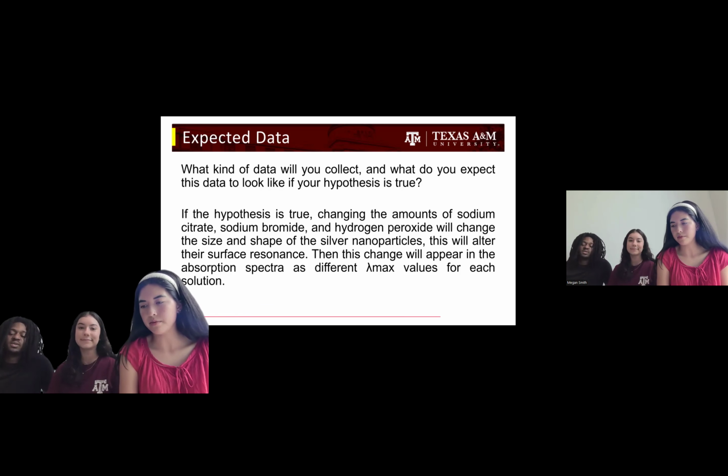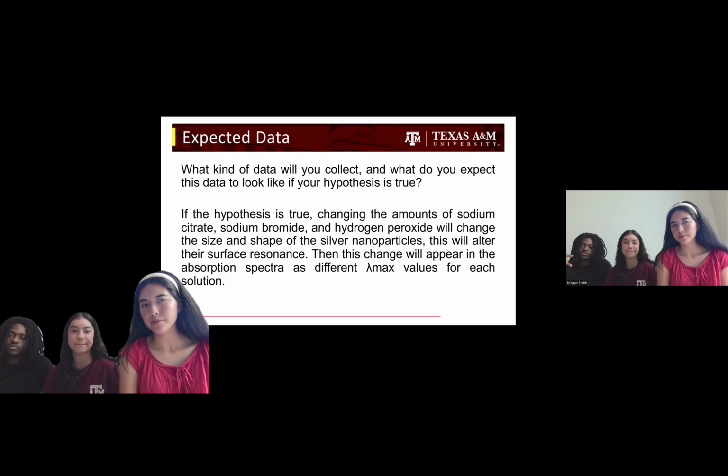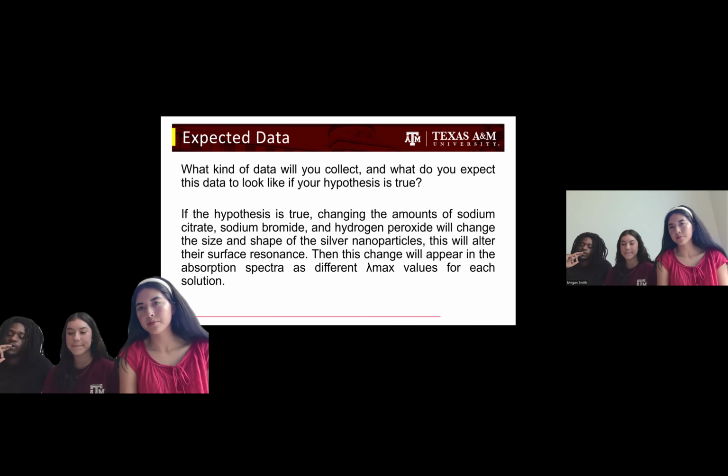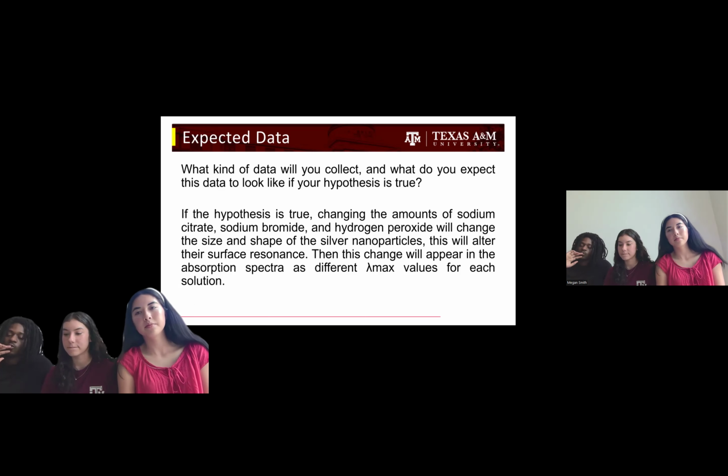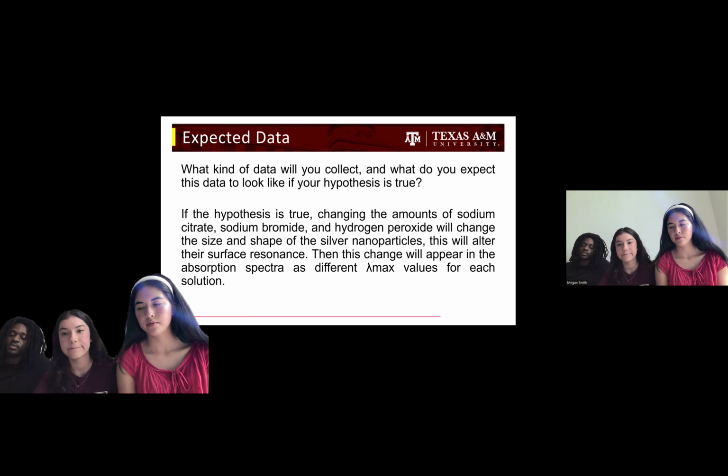All right, so in the expected data, we're going to collect two main types of data. It's going to be qualitative observations, which is the color of the solution, and quantitative, which is the UV-vis spectrum, focusing on the wavelength of maximum absorbance, lambda max.